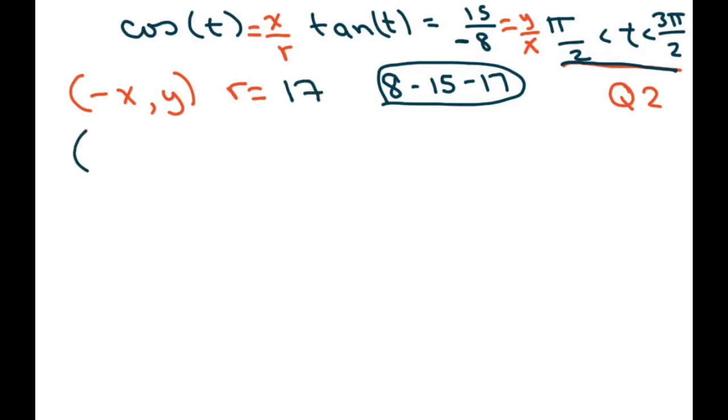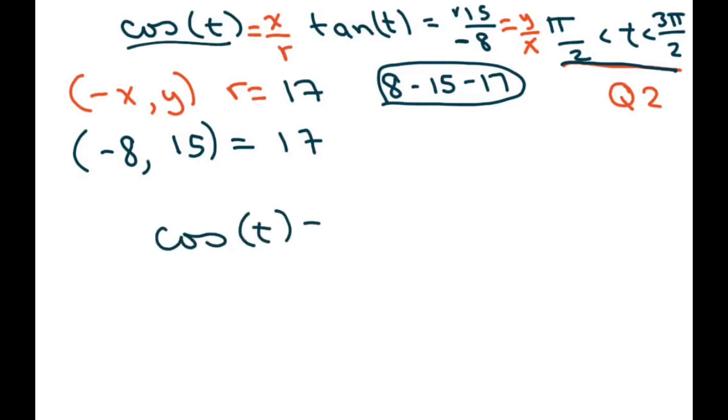So I know my x is -8, my y is positive, and that was given as 15, and my r is 17. So cosine of t is just going to be -8 over 17.